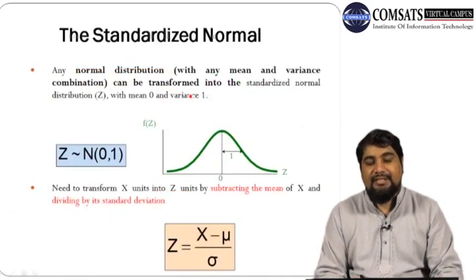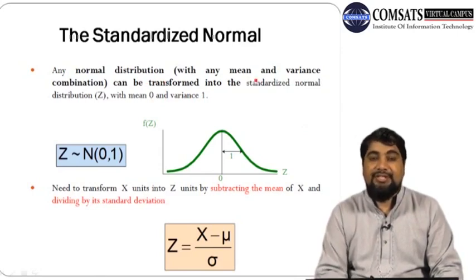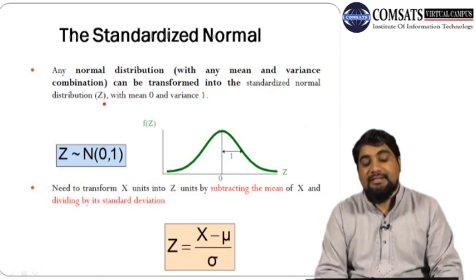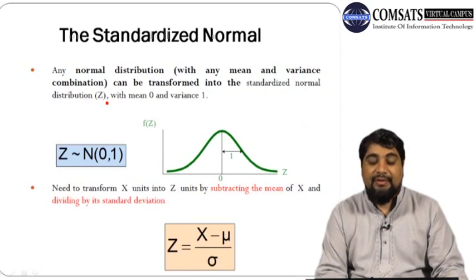Now let us discuss the standardized normal distribution. Any normal distribution with any mean and variance combination can be transformed into the standardized normal distribution Z. Usually the Z symbol is used for the standardized random variable.